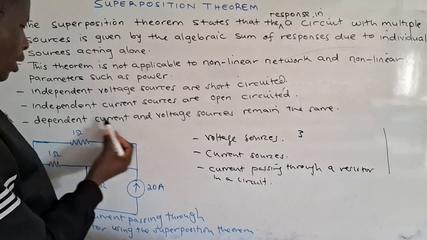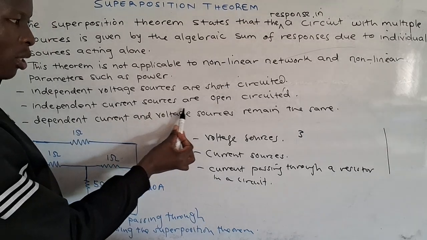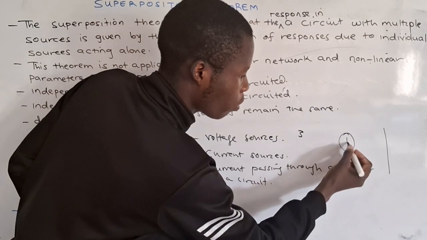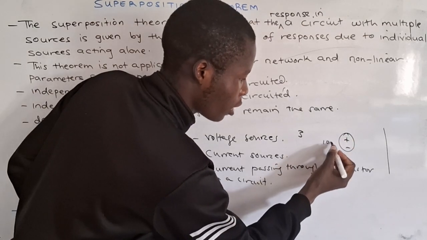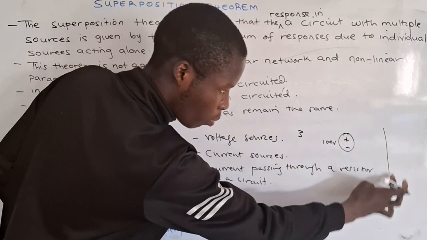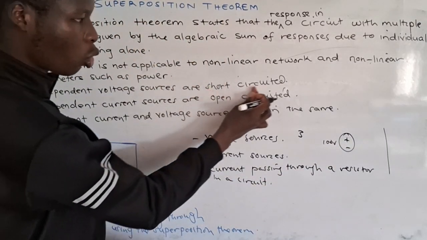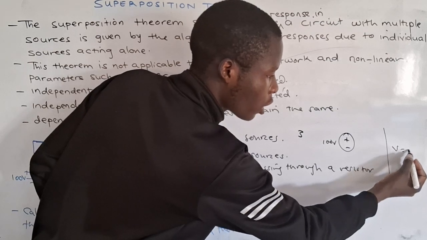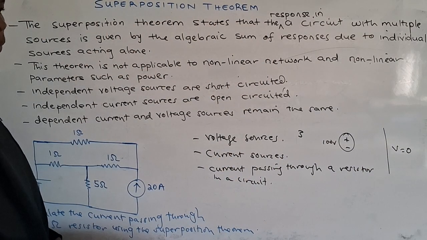See, if this is positive and this is negative, let's say it's 100 volts, you remove this 100 volts and you put a straight line. This is to short circuit. It means the voltage is now equal to 0.